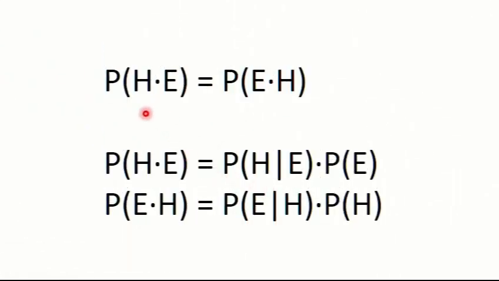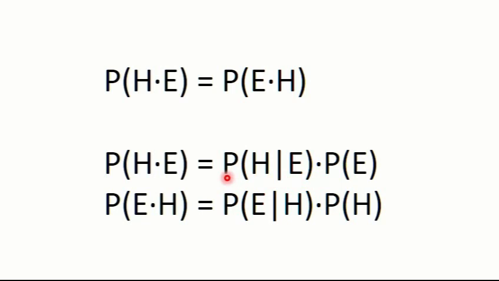This is the probability of H times E. That is the probability of H and E being both true at the same time. As with ordinary multiplication, the order doesn't matter, so the probability of H times E is equal to the probability of E times H. This is the definition of conditional probability.